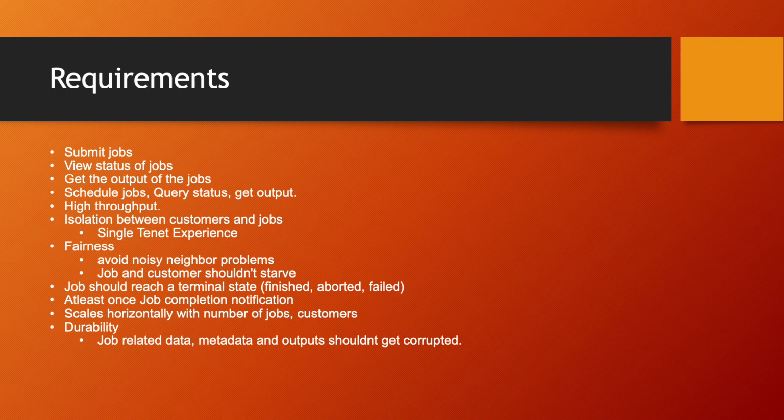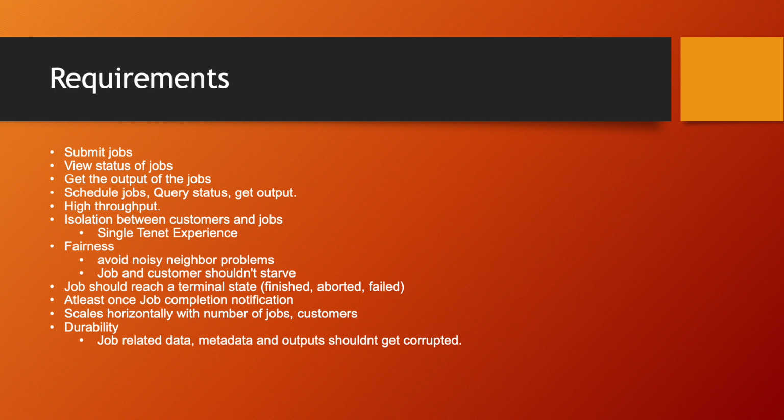Now some of the key non-functional requirements would be a good isolation between customers and jobs. That is, we should aim to provide a single tenant experience. The system overall should be fair. That means we should avoid noisy neighbor problems, and a job and a customer shouldn't starve. Job should reach a terminal state, which could be finished, aborted, and failed.